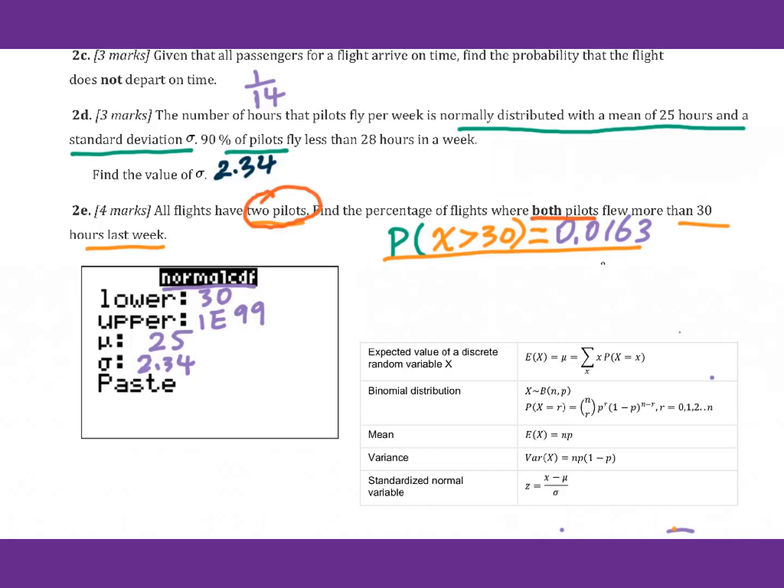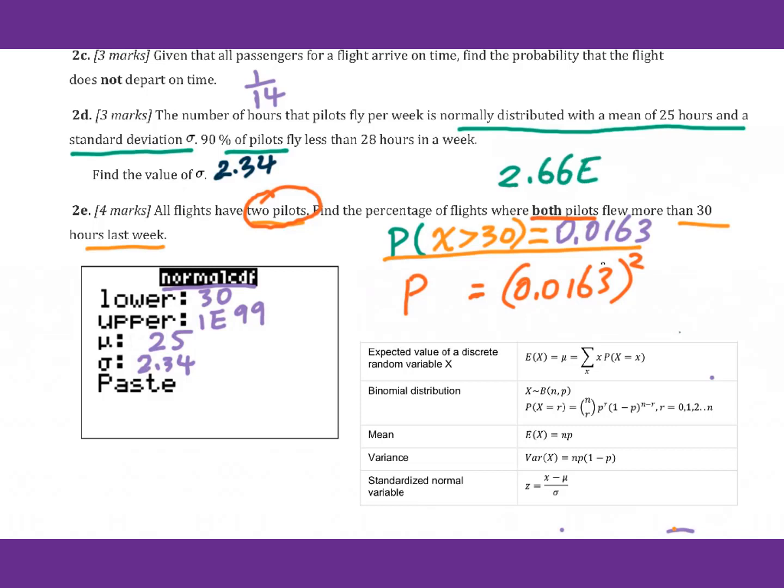Both pilots flew more than 30 hours last week, which means the probability for both equals 0.0163 squared.